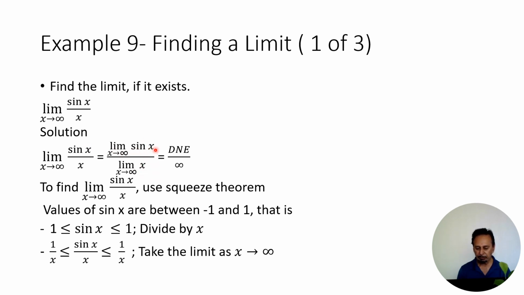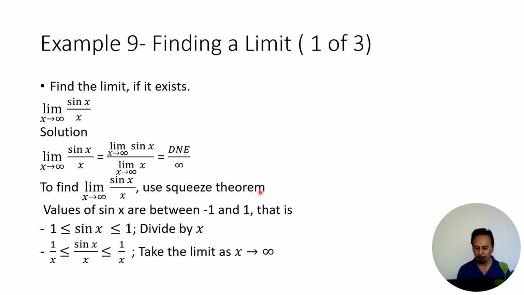The limit of sine x doesn't exist because it fluctuates; the graph of sine x is between -1 and 1. And the limit of x is infinity. So when you have a DNE on the top and infinity on the bottom, we have to use some other way to find the limit.